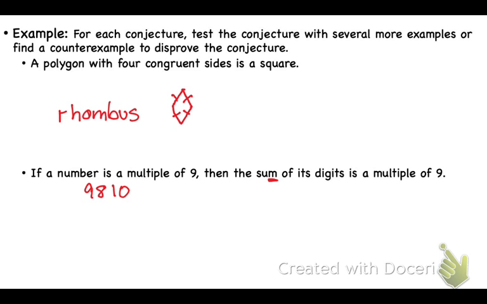If I add those numbers up, I get what? 18. 9 plus 8 is 17 plus 1 is 18. So let's see if it's true. 9 goes into 9 how many times? 1. 9 goes into 8, 0. 9 goes into 81 how many times? 9 and 0. Okay? So that's a true statement.